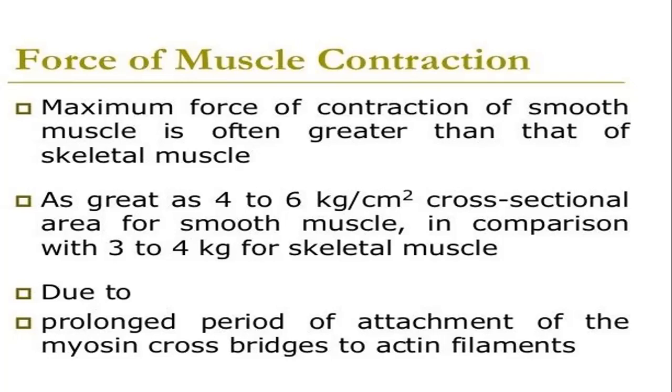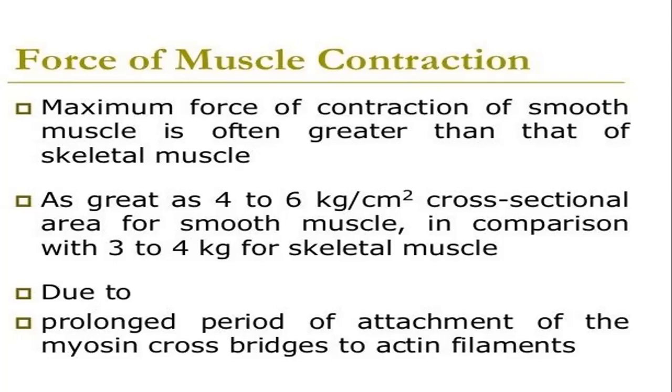Smooth muscle, like skeletal muscle, requires ATP for ion transport to maintain the resting membrane potential. All these metabolic needs are readily met by oxidative phosphorylation.